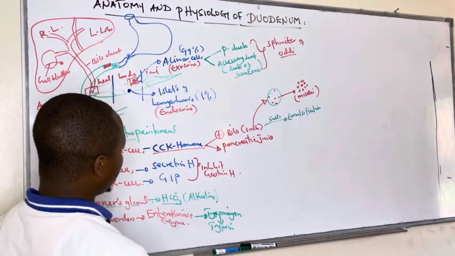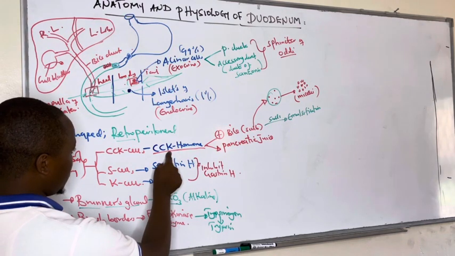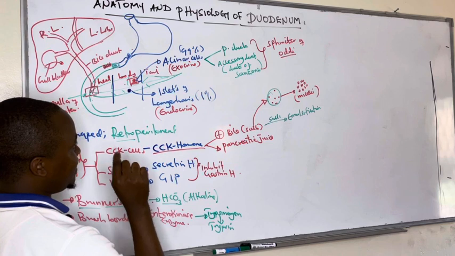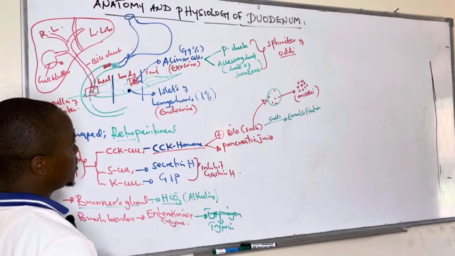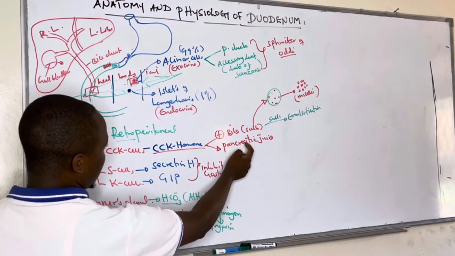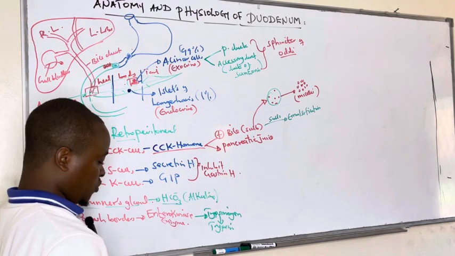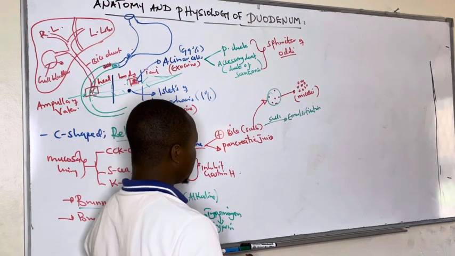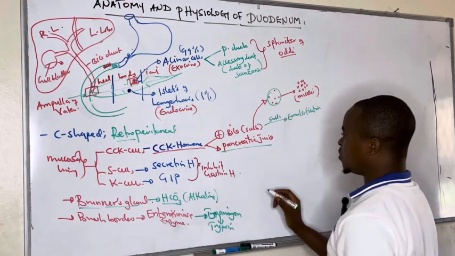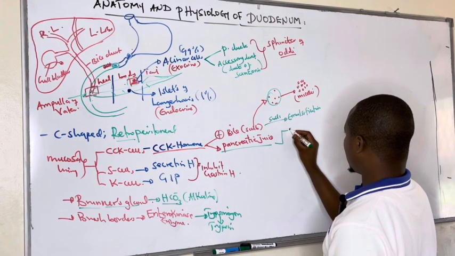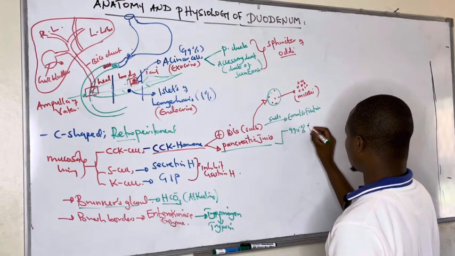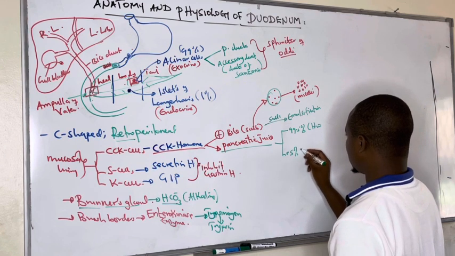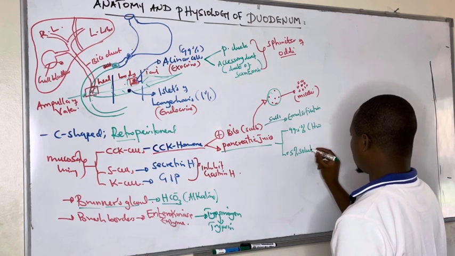Then we have seen the function of bicarbonate creating alkaline pH. Then the next thing we have to talk about is the composition of pancreatic juice. What do we find in the pancreatic juice? This pancreatic juice contains 99.5% water, then 0.5% solutes.